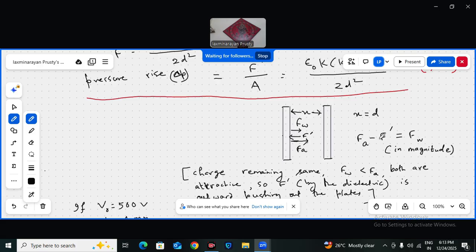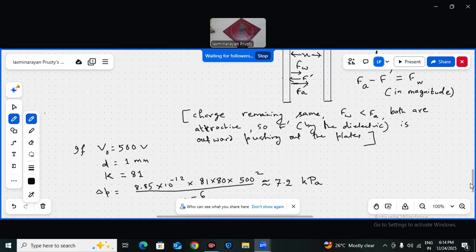So Fa minus F dash is Fw in magnitude. I did not change the charge while applying this. So the charge remaining the same, Fw is less than Fa, so both are attracting. So F dash by the dielectric, that is by water, is in the outward direction, pushing out the plates.